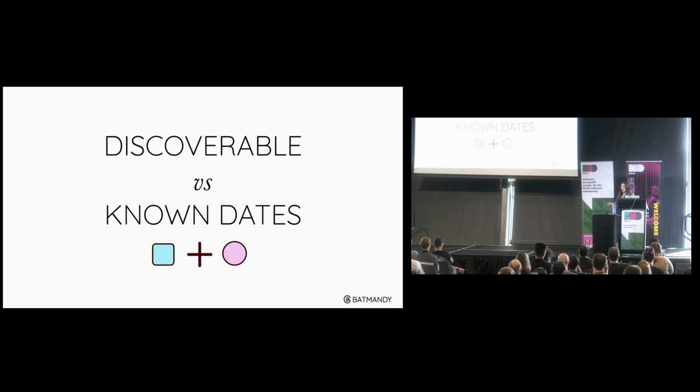But if it's a known date, like a birthday or a holiday like Christmas or Halloween that's coming up, anniversaries, we already know what they are. They're fixed dates. We don't need to search for them. So rather than interrupting the user flow by making them click through looking for their old birth date, you can just use a text input.